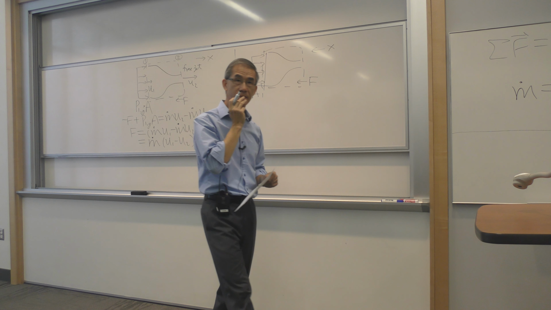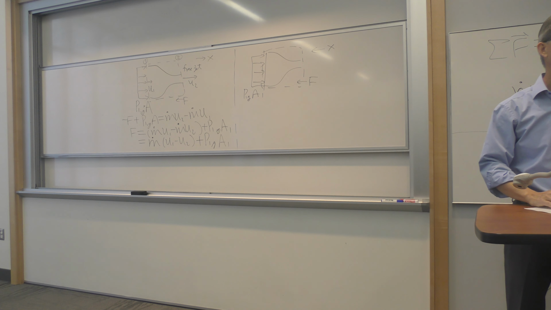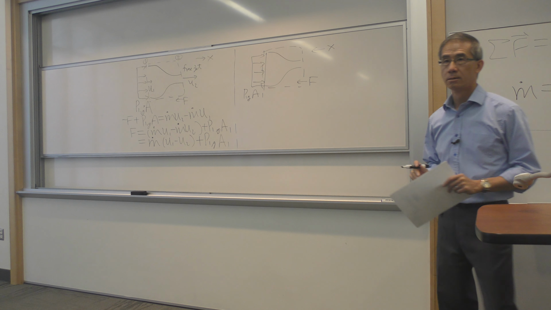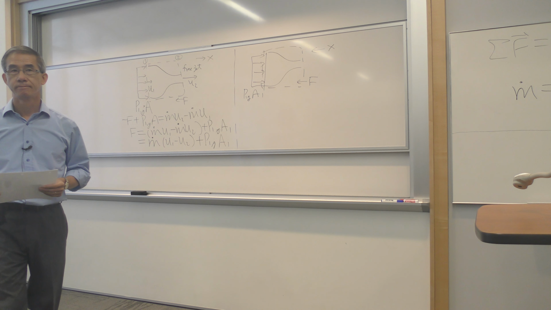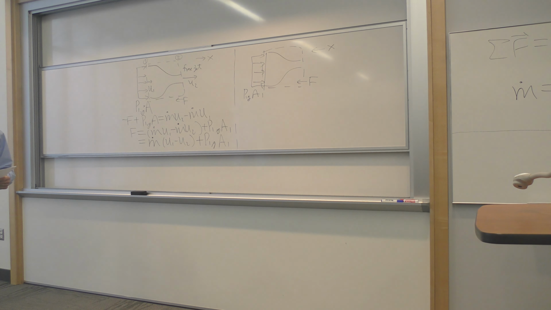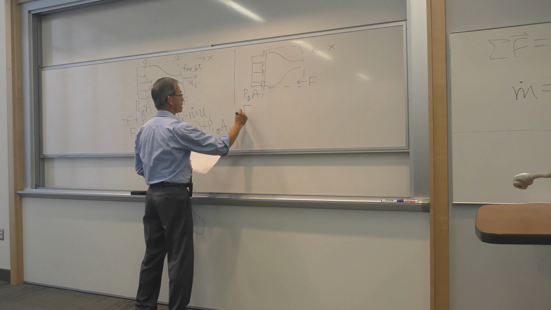Same pressure force, nothing changed, except I changed one thing. I reversed the positive x direction. You think the answer is going to change? Let's find out. What is the sign for F now?